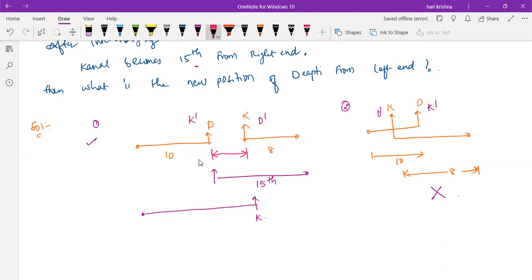From here to here it is a 10. And here to here only you have to find out. That means 15 minus 8, that is a 7. Right? So 10 plus 7 is the distance of the Kamal. Distance is equal to nothing but rank.